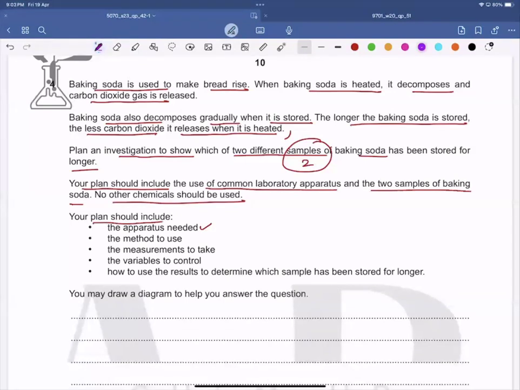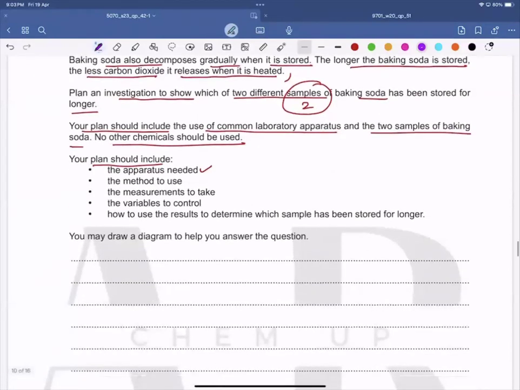So we have to make sure that we use the same mass of both the samples. So it means we are going to need a balance. We have to heat the baking soda to make the carbon dioxide gas released. So for that, we can use a Bunsen burner.